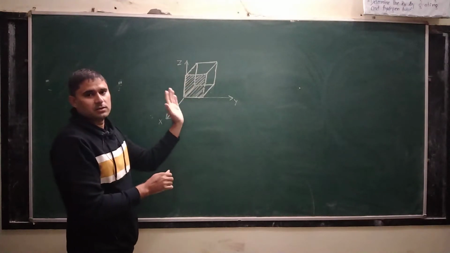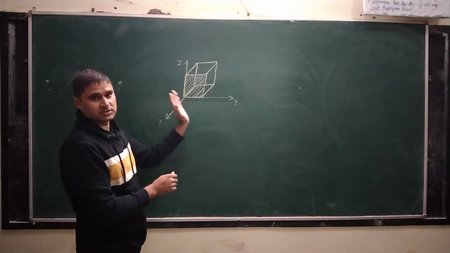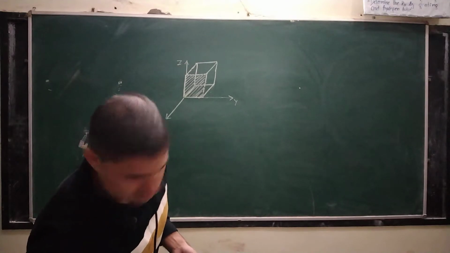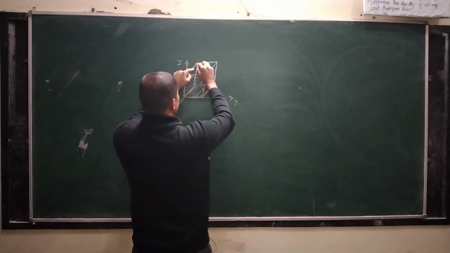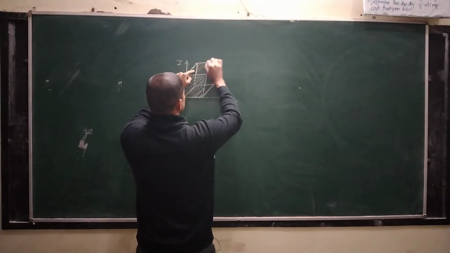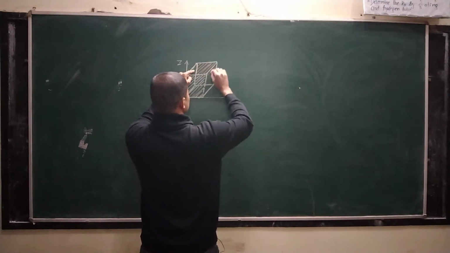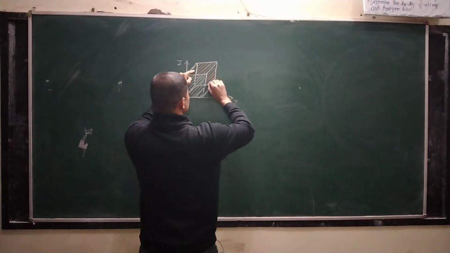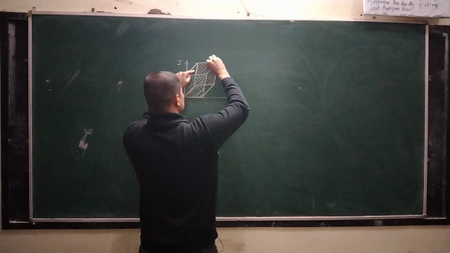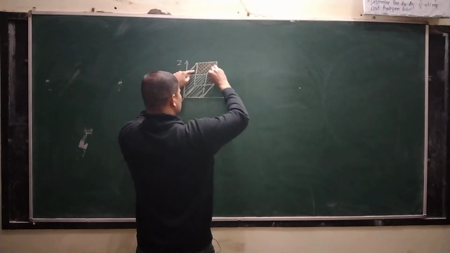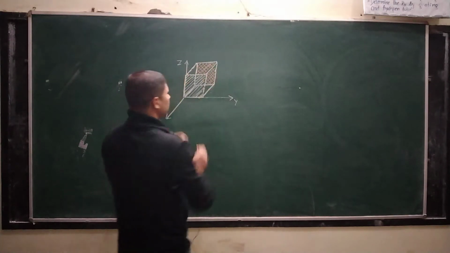Now think of the plane which is behind this face, and I am talking of this face. You can see, this is the face which is present on the other side, parallel to this face and behind it.